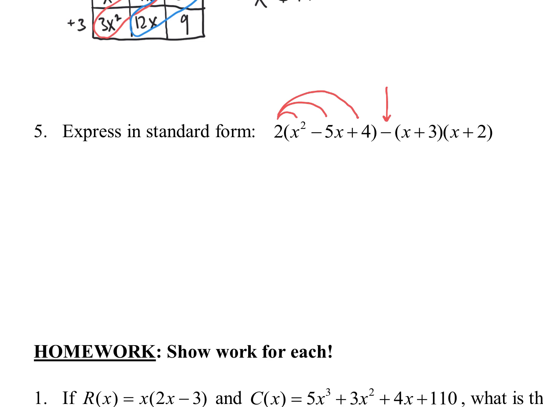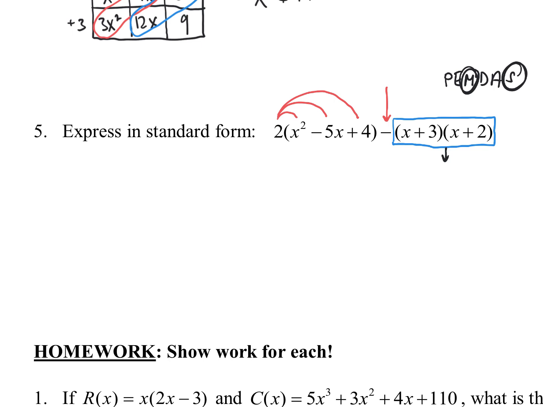The reason why it's incorrect is because I have to multiply this first. If we go way back, please excuse my dear Aunt Sally, subtraction and addition are at the very, very, very end. Multiplication actually comes first. So I have to multiply this before I do my minus sign.